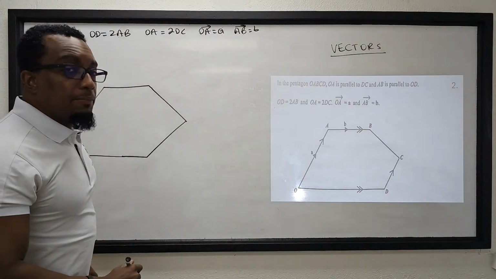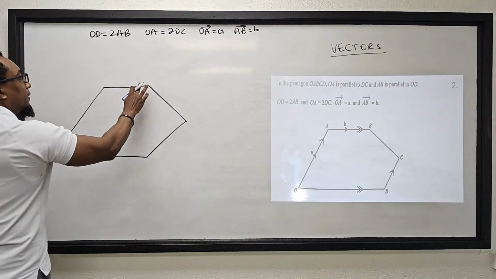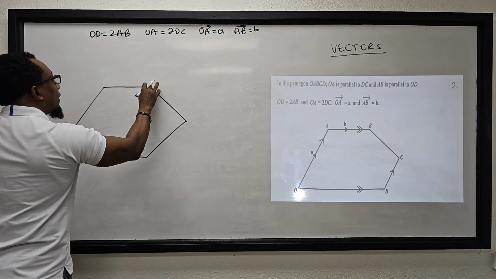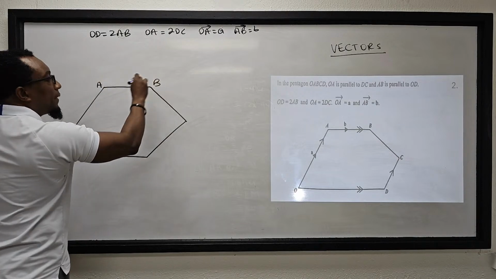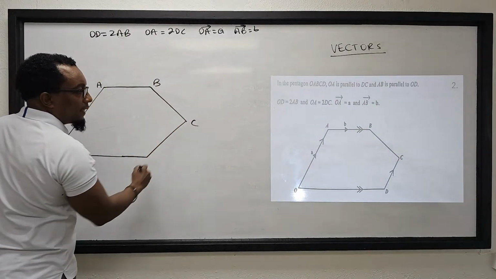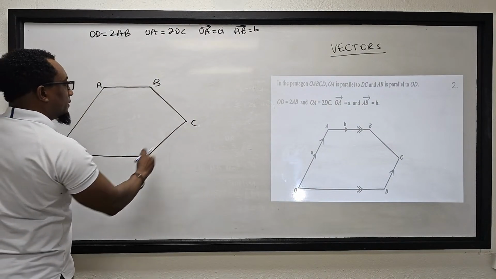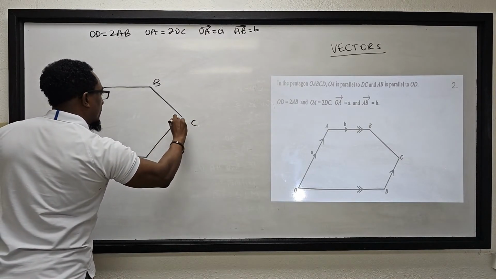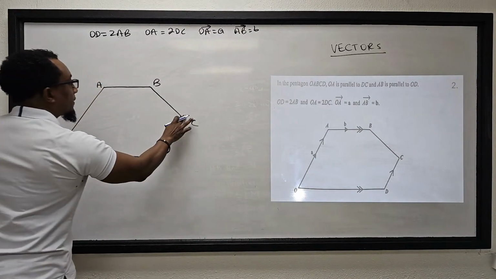So I've drawn the diagram. This is A. This is A, B, C. Let me make this a bit better here. Right.